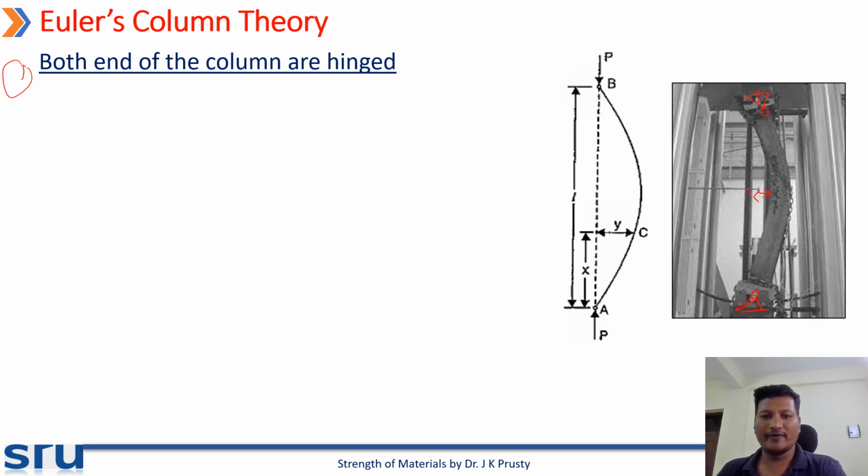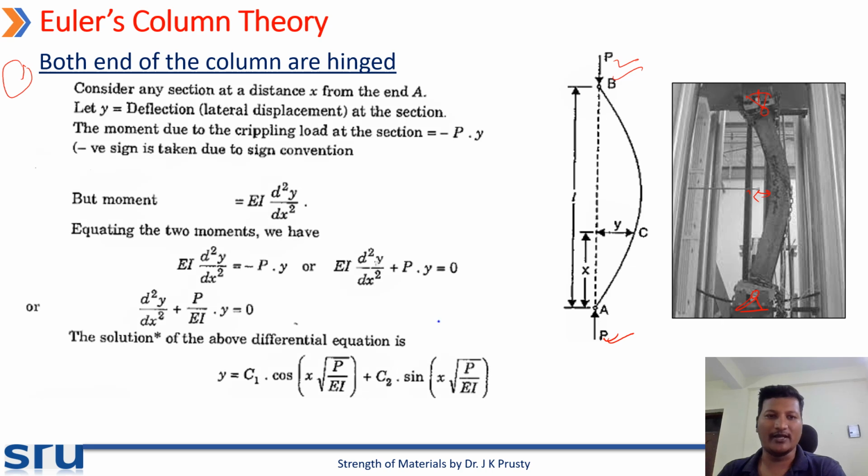So if we consider AB as the column and we apply the compressive load P, because of that there is a deflection at the center of the column, and let us consider the length of the column as L. We will discuss one end condition and see how the theory is derived.